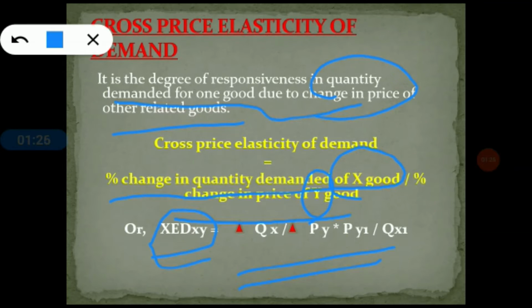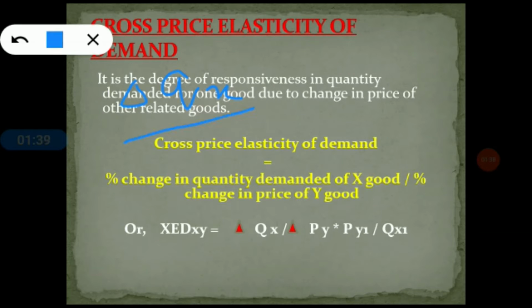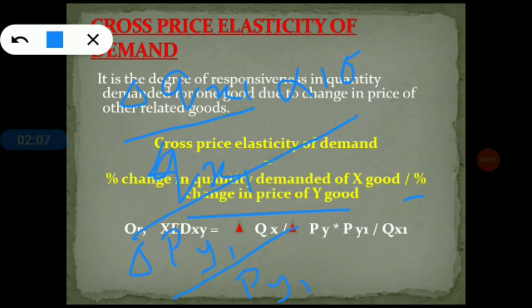So how will it come? The explanation is: percentage change in quantity demanded of X good means delta QX divided by QX1, divided by percentage change in price of the other good, or Y. That means delta PY divided by PY1, into 100, because percentage. Clear?